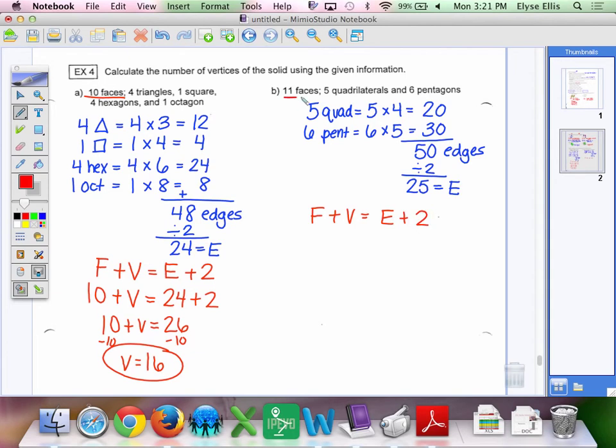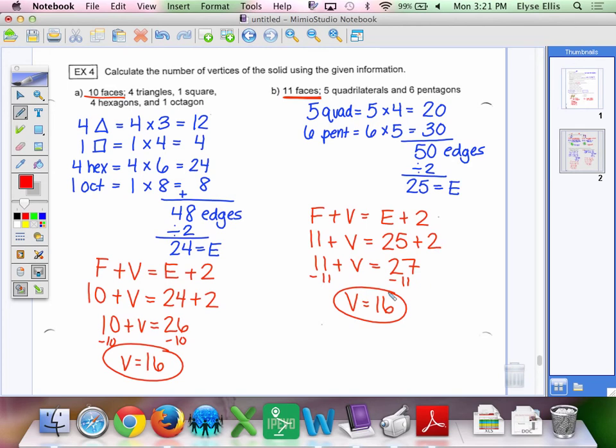When I go to put this in Euler's formula, F plus V equals E plus 2. We have 11 faces, V we're solving for, 25 edges plus 2. If we simplify on the right, we get 27. And when you subtract 11, your vertices equals 16.